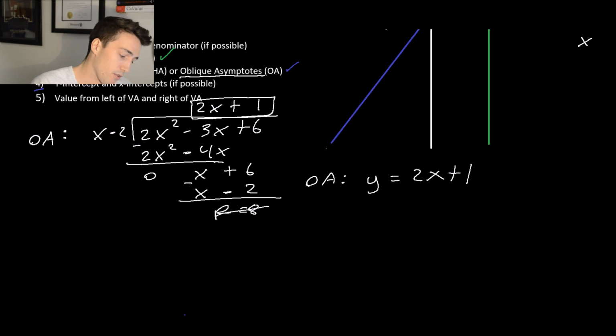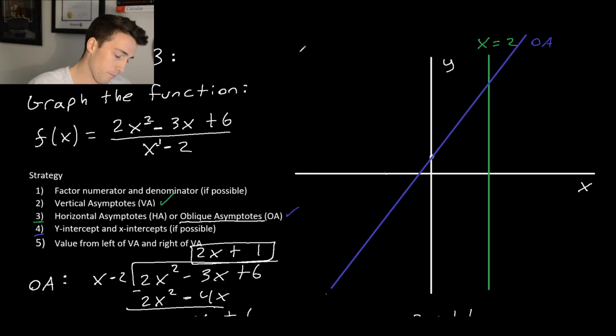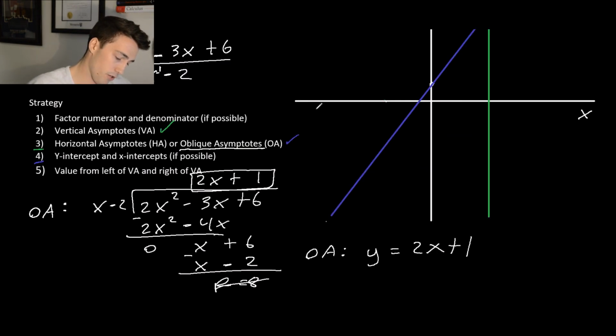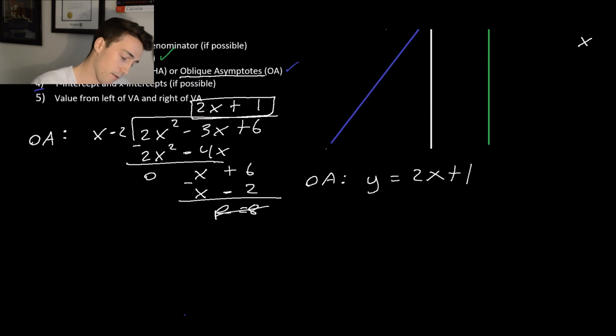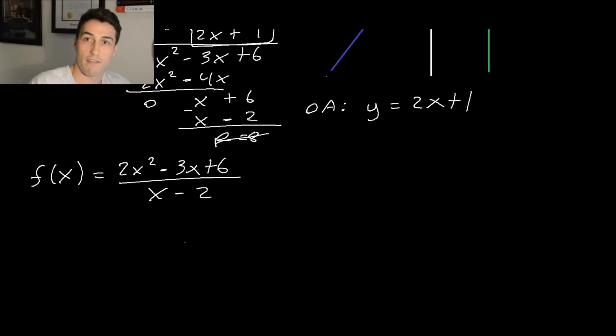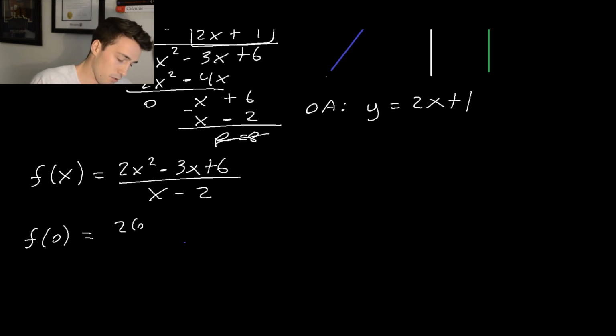We'll see if there's a y-intercept or an x-intercept. So here, if we do this function, I'll just write it down here. Now that we have the function, I can put in an x value of 0, which is going to give us the y-intercept. So 2 times 0 squared minus 3 times 0 plus 6, divided by 0 minus 2.